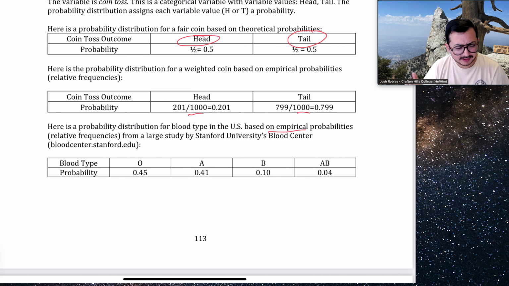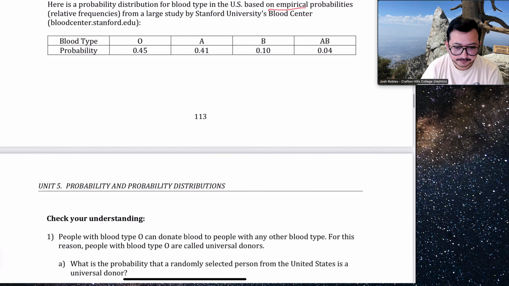I remember in school AB is uncommon, and I didn't remember really any of the else part, and I knew O was common. I thought it would have been more common based on how much I remember hearing about O. That gets a little bit mixed up with the fact that O is that universal donor, if you're familiar with the biology here. So apparently, O and A are actually similar amounts in the 40s. This was actually a large study done, and B and AB are pretty unlikely.